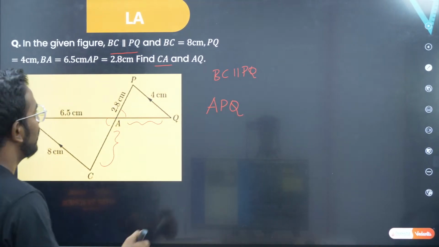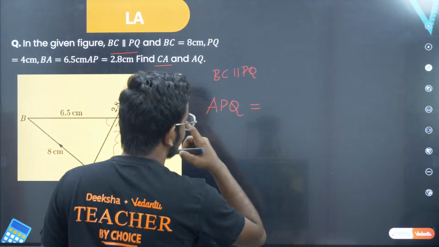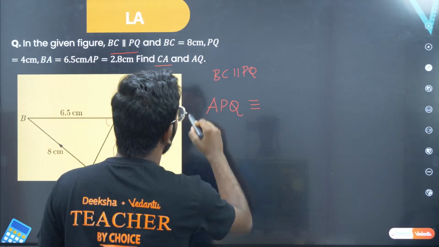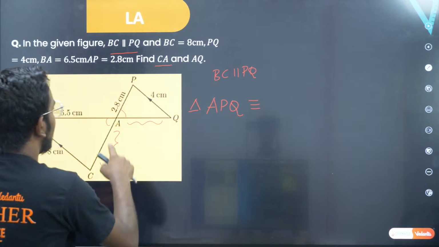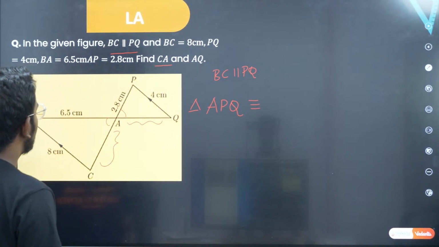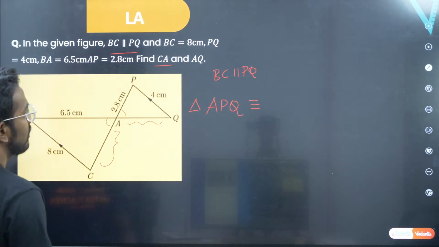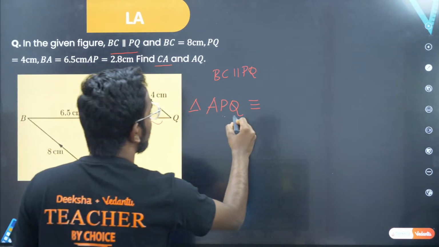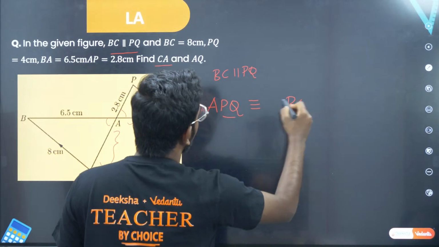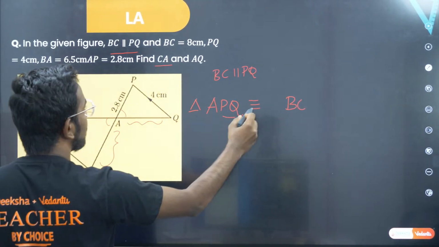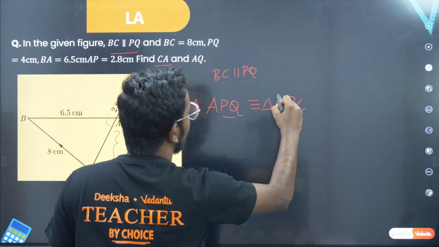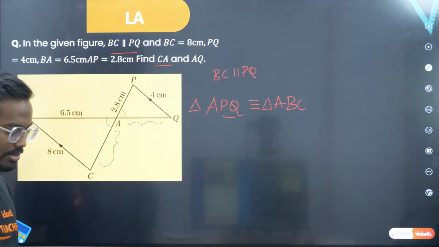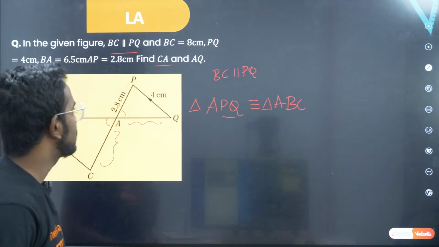Triangle APQ is similar to, see, this PQ and BC should share the same place, so BC should be on the right. Angle A is common for both. So triangle APQ is similar to triangle ABC. Now your job is very simple. Just apply the logic.